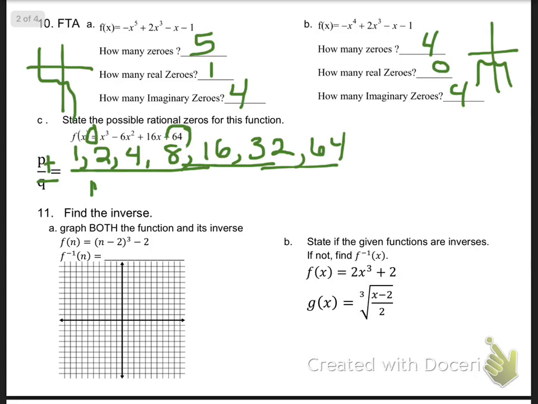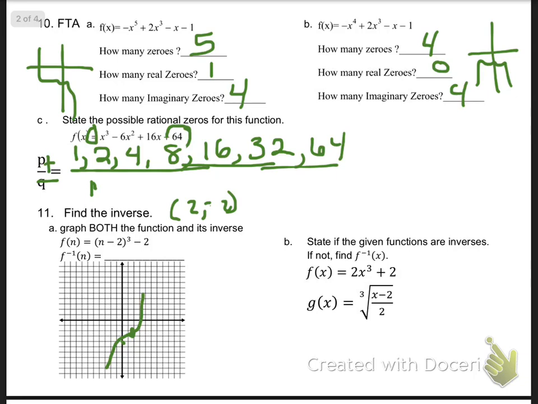Okay, let's go here to number 11. They want us to find the inverse and graph the inverse and the original. So this is a cube function, and my vertex is at 2, negative 2. So I'm going to go over 2, down 2. Now, excuse me, I can't get exact. Go up 1, over 1, down 1, over 1. My cube function is going to be like that.